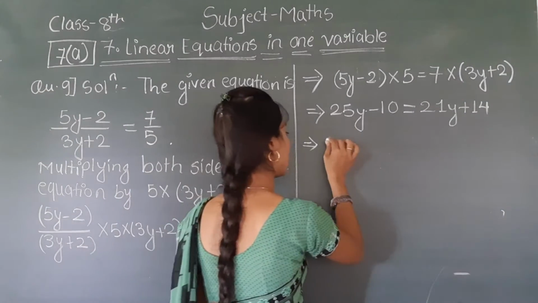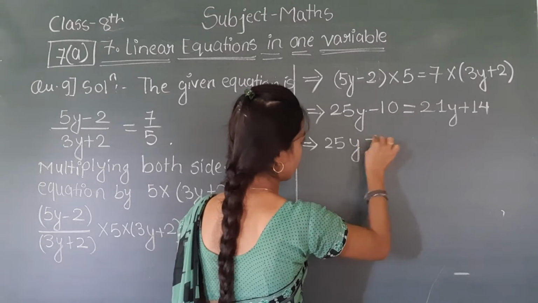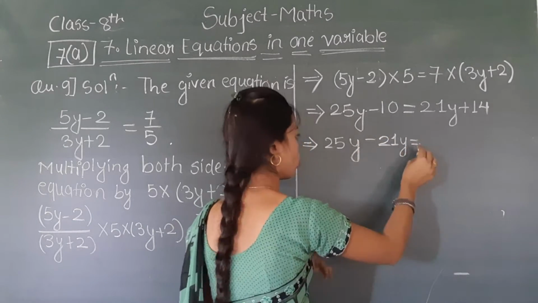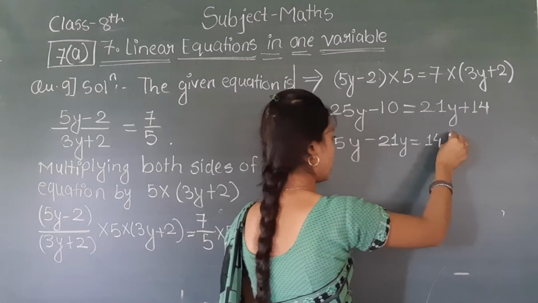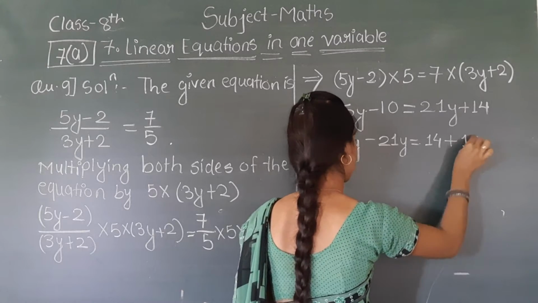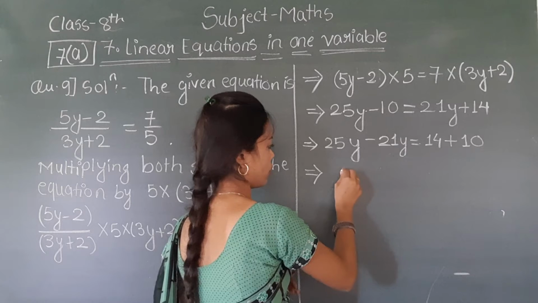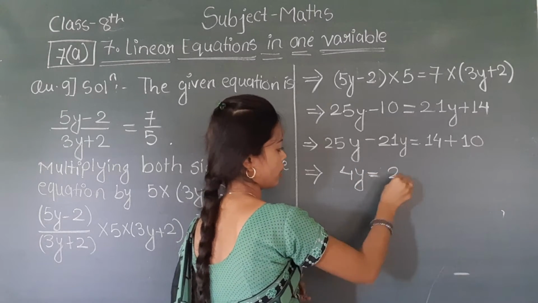So 25y stays and 21y comes to the left, so it becomes minus 21y. It is equal to 14 on the right side, and this 10 shifted to the right becomes plus, so it is 14 plus 10. So 25 minus 21 is 4y, and it is equal to 24.